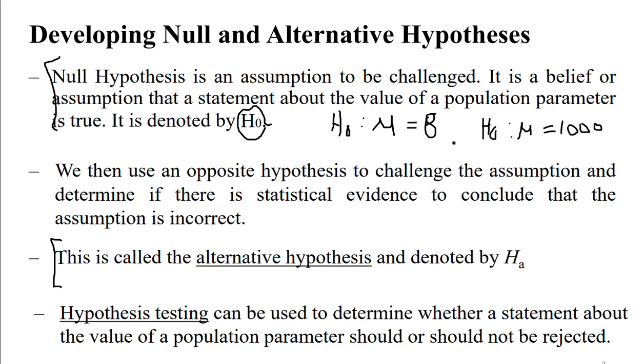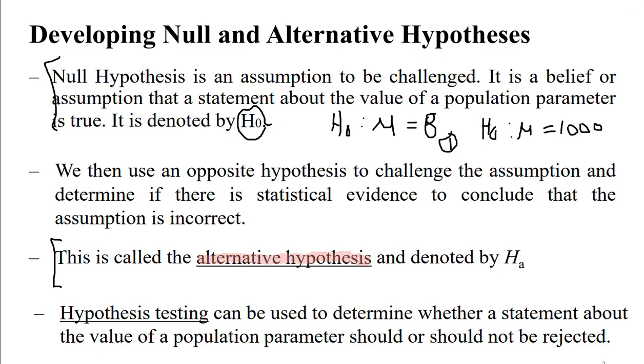So our first step in a hypothesis test, step 1, is to state the null hypothesis. Another thing we also do in step 1 is to state what we call the alternative hypothesis. The alternative hypothesis is our research statement, the statement we hope to be true.